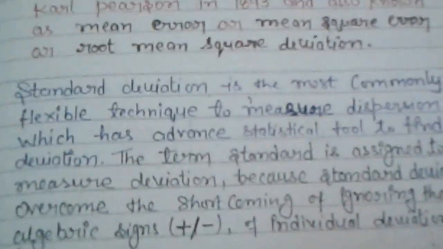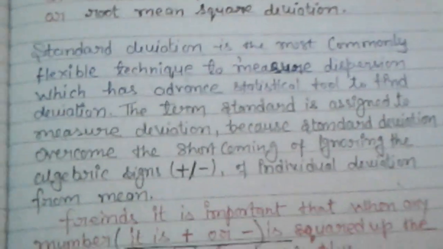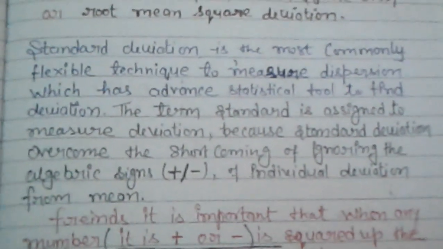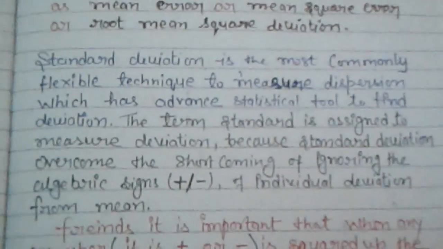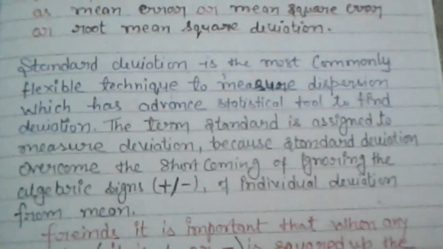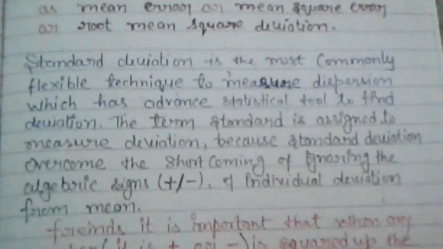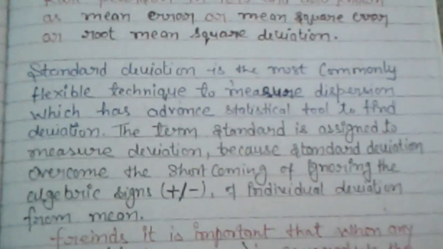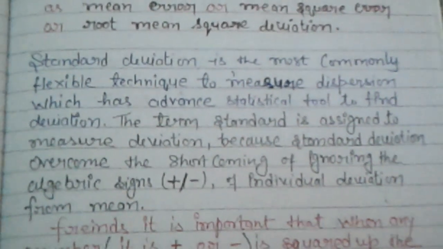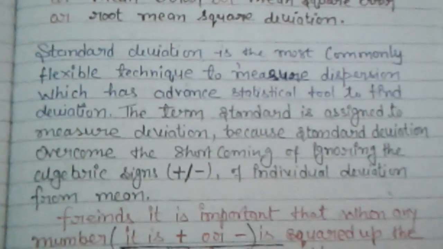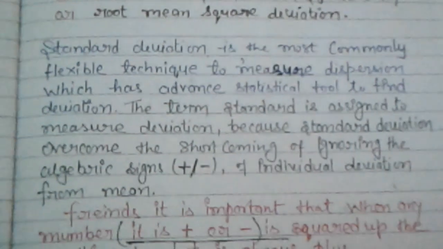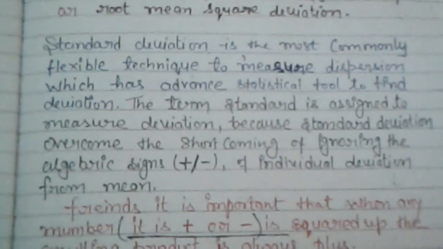Friends, standard deviation is the most commonly used flexible technique to measure dispersion, an advanced statistical tool to find deviation. The term standard is assigned to this measure of deviation because standard deviation overcomes the shortcoming of ignoring the algebraic signs, plus and minus, of individual deviations from the mean.